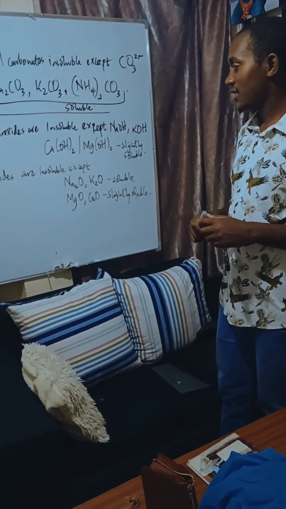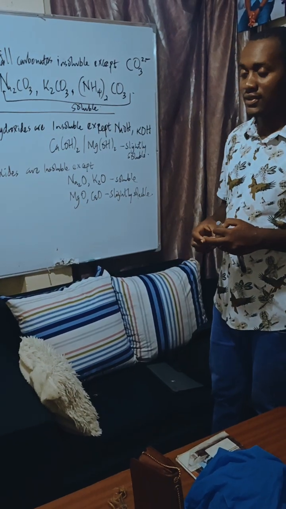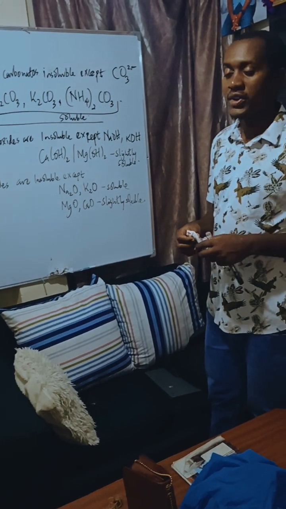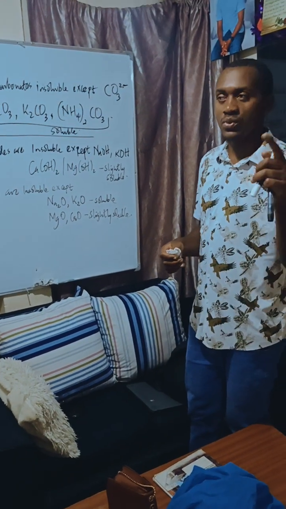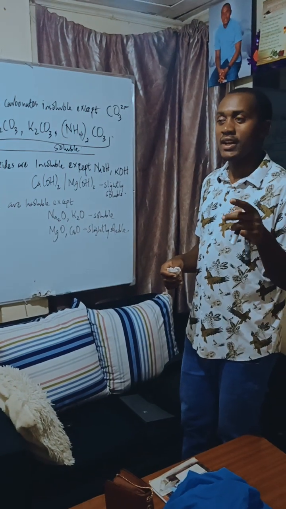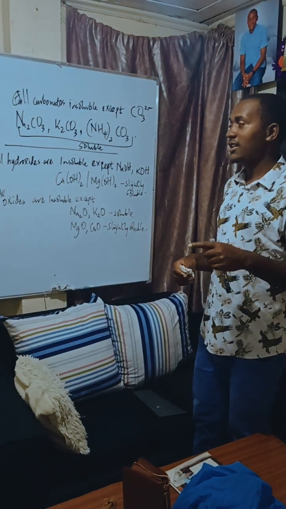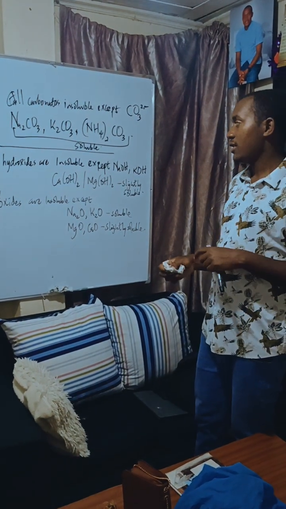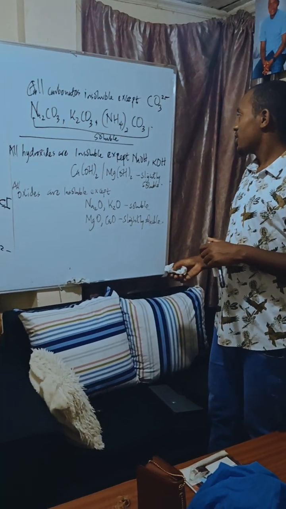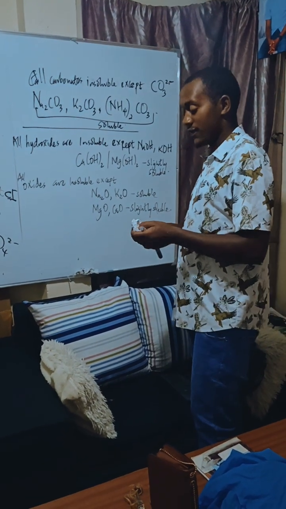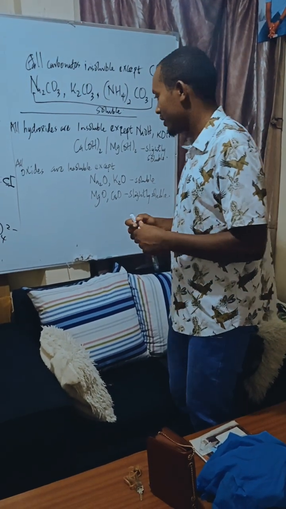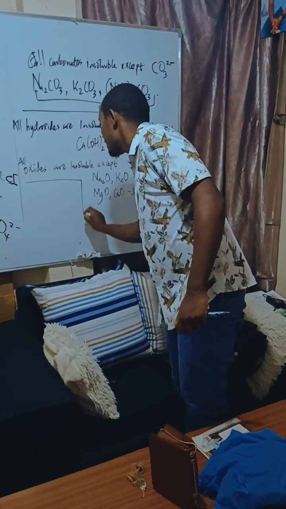So this solubility of salts will form a base for preparation of salt, because you must know this salt is soluble and it's prepared this way. This salt is insoluble and it's prepared this way. So generally, what have we known from this? We have insoluble salts.